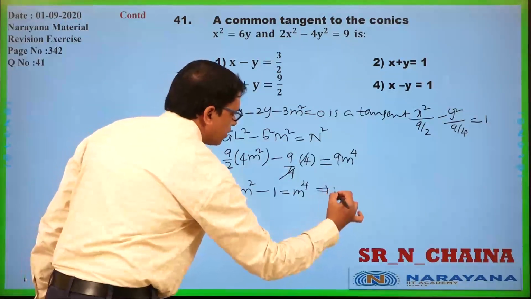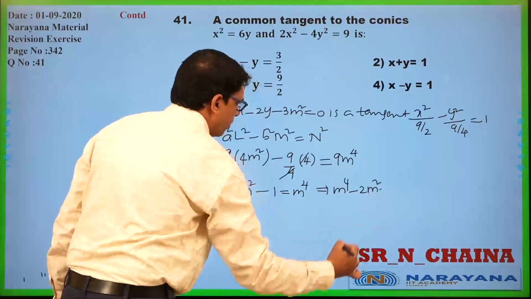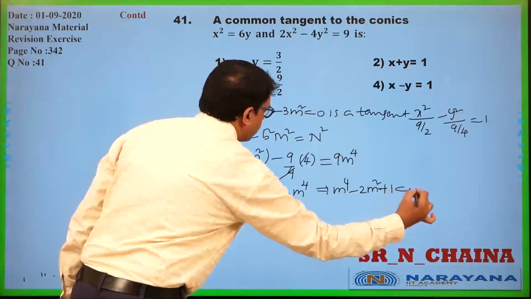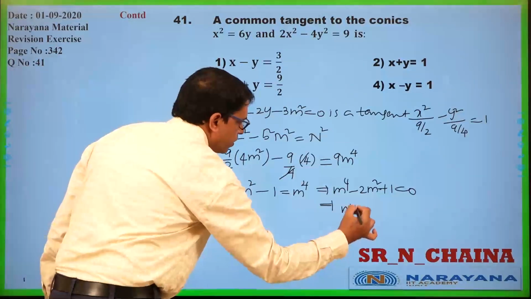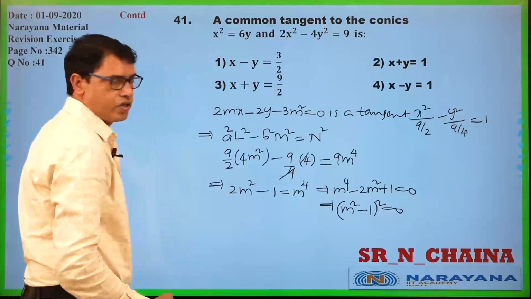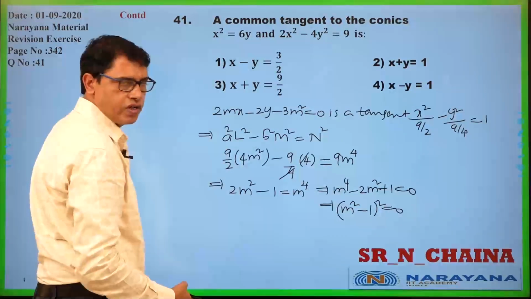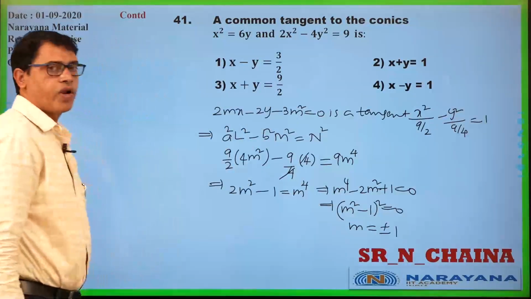That implies m to the power 4 minus 2m square plus 1 equals 0. It is nothing but m square minus 1 whole square equal to 0. Okay? So from this, m square is equal to 1. So m is equal to plus or minus 1.